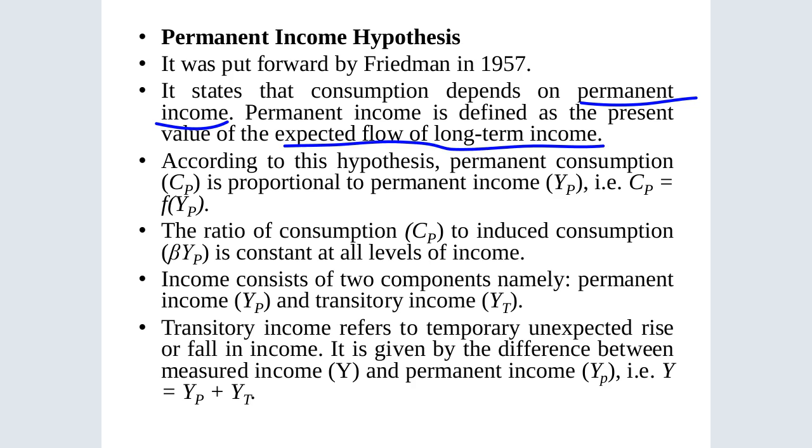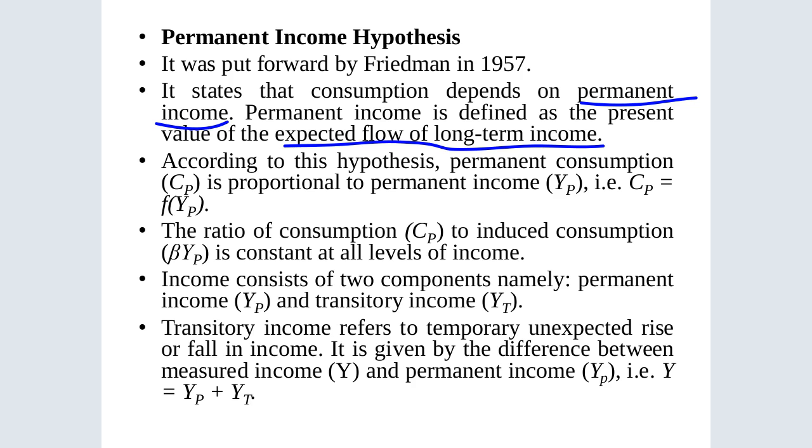Now, according to this hypothesis, the ratio of permanent consumption to permanent income is constant at all levels of income. That simply means that income consists of two components.